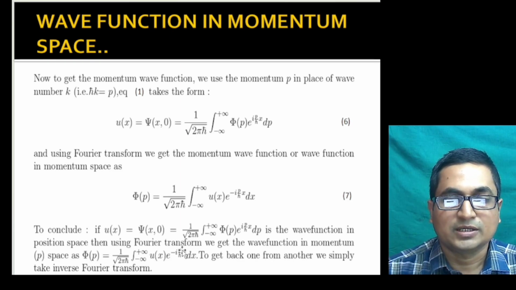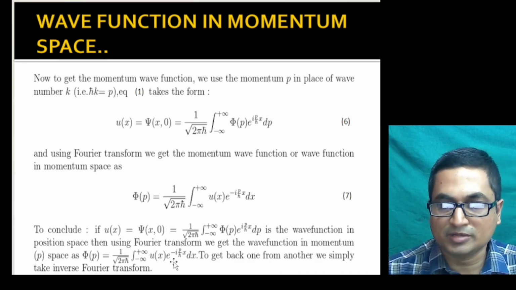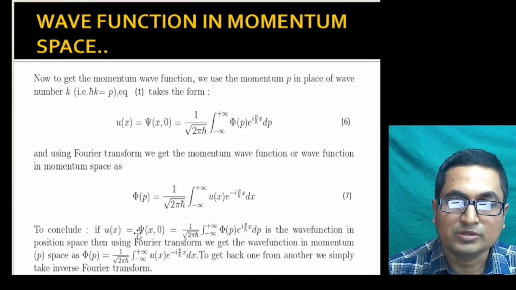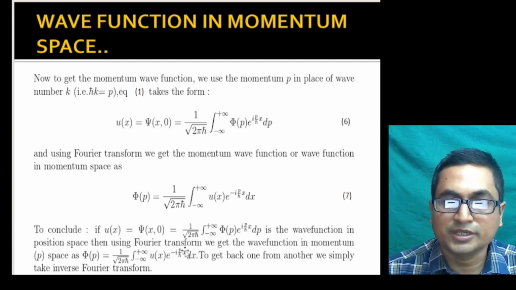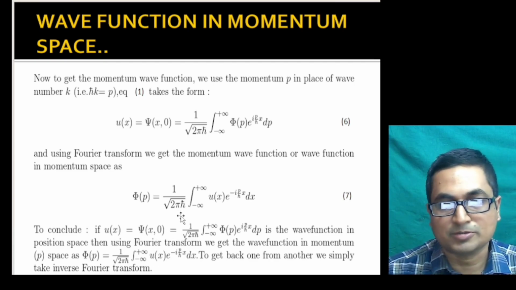And to get back from phi(p) to u(x) or psi(x,0), we have to take the inverse Fourier transform, and we'll get back this u(x).